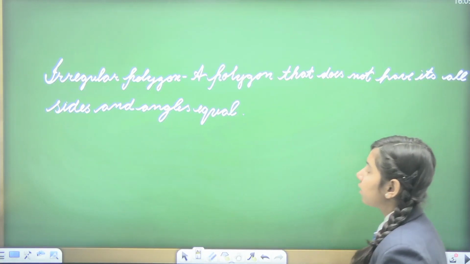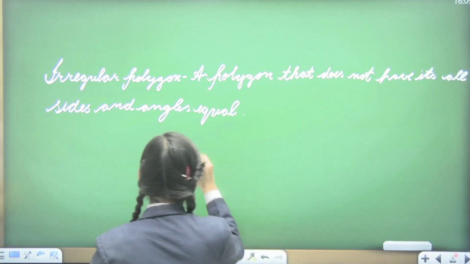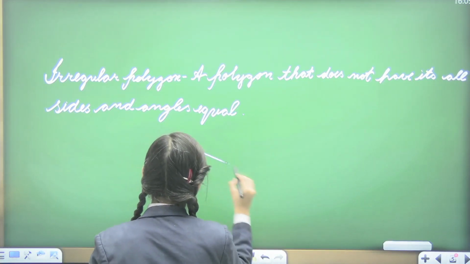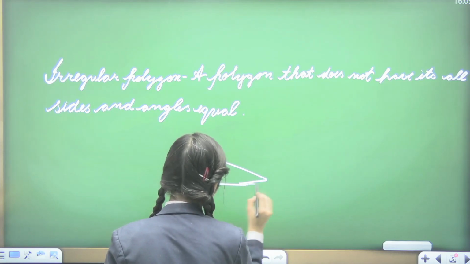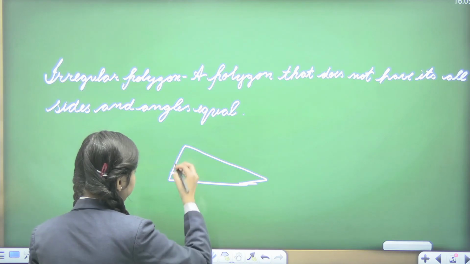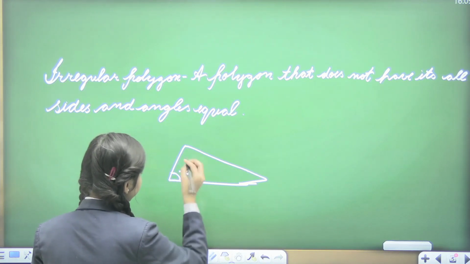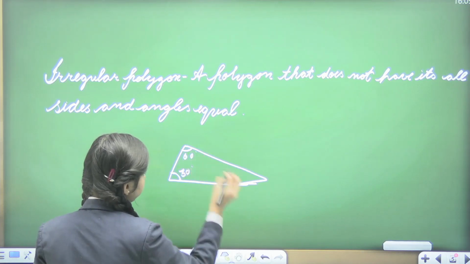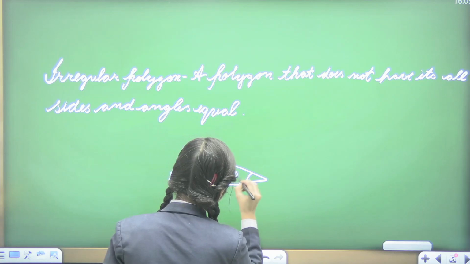So for example, we take this triangle, like we can assume that this angle is 30 degree, this angle is 60 degree, and this angle is 20 degree.